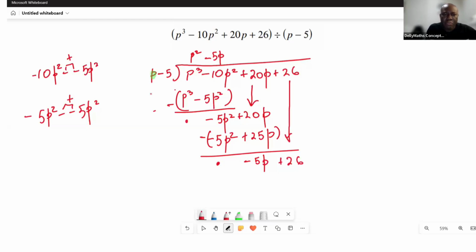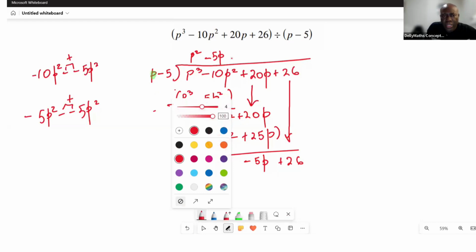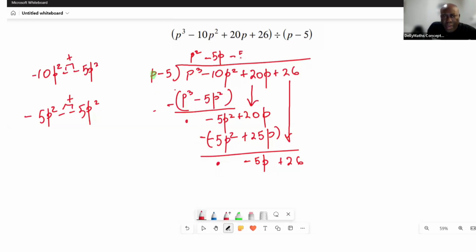We're going to divide the p into the -5p. So p into -5p will give us -5. -5 times p is -5p. -5 times -5 is positive 25. So let us subtract. -5p minus -5p will give us 0 here. 26 minus 25 will give us a 1.